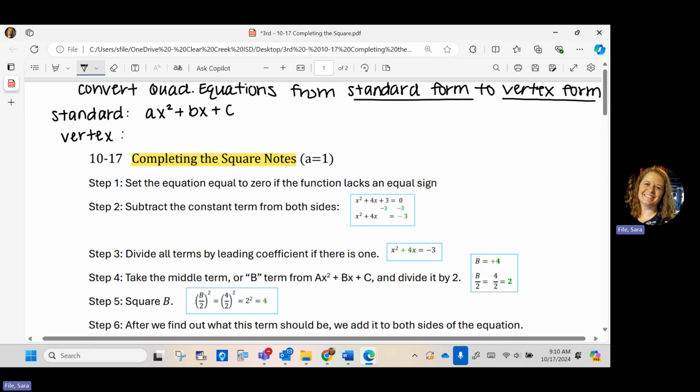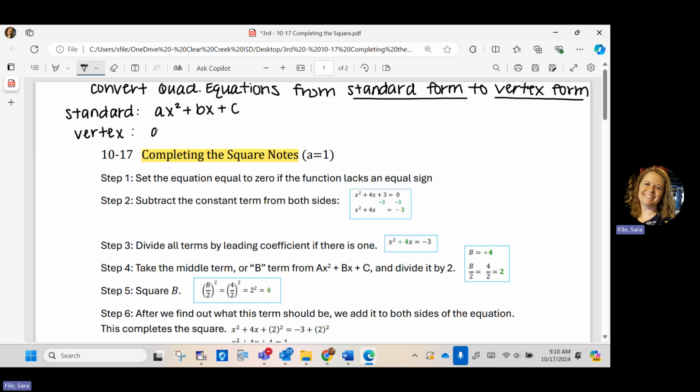So vertex form is when you have a factored out, and then you have a times x minus h squared plus k, where (h, k) is the vertex. That's why it's called vertex form, because you can see the vertex.